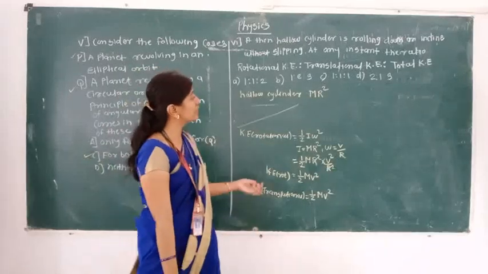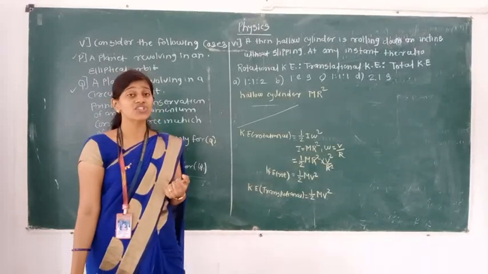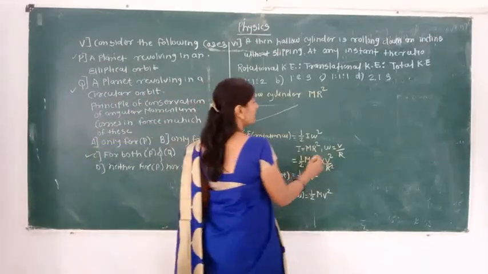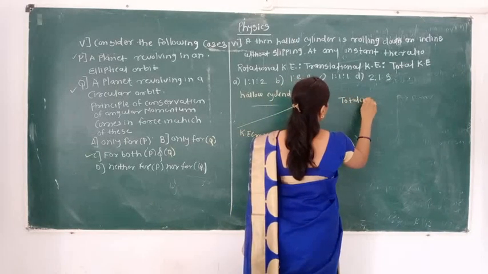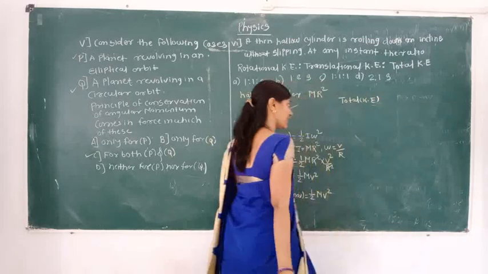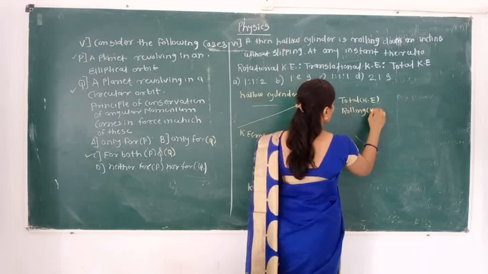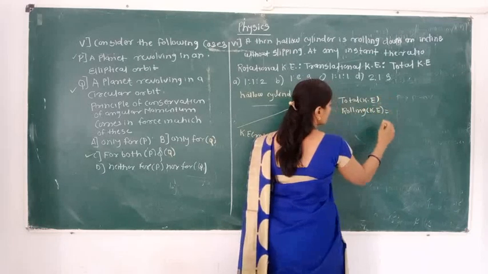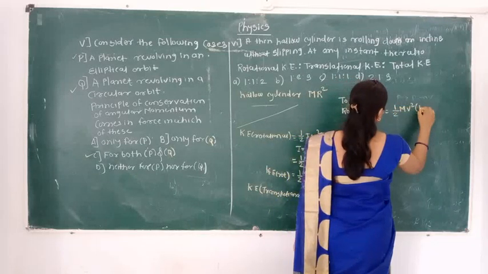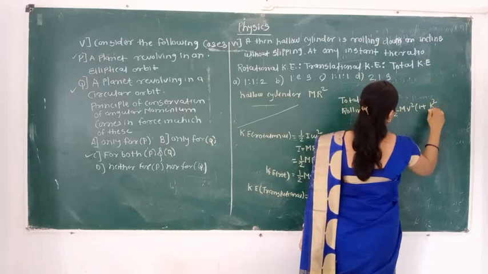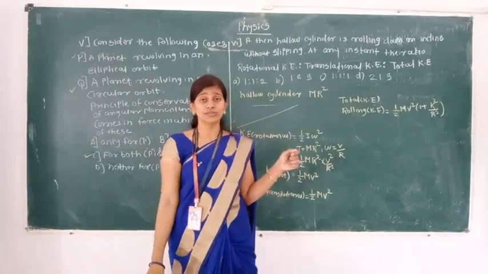Now here they are asking for the total kinetic energy. Total kinetic energy means the total kinetic energy of that rolling motion. Otherwise we can say the kinetic energy of that rolling, both are the same. We know it is 1/2 m v square in bracket 1 plus k square divided by r square. This is our formula. Now we have to do some simplification.